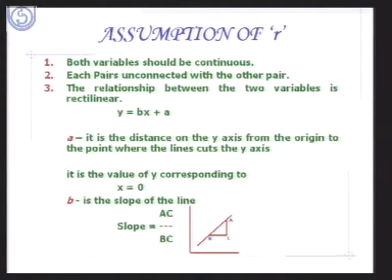a represents the height of the y ordinate at the 0 value of x, and b represents the slope of the line, which can be represented here as AC by BC, and the line representing the relationship is already depicted on that graph.